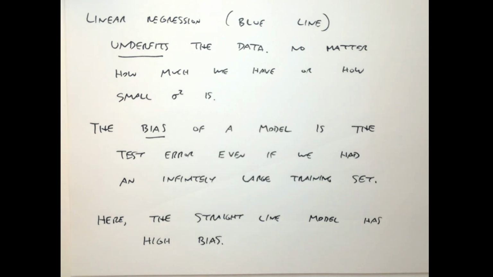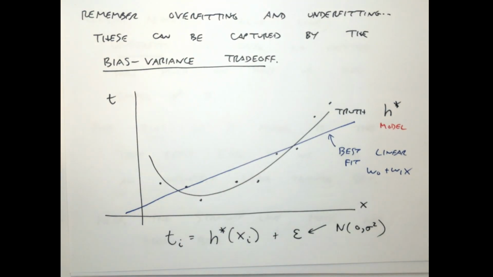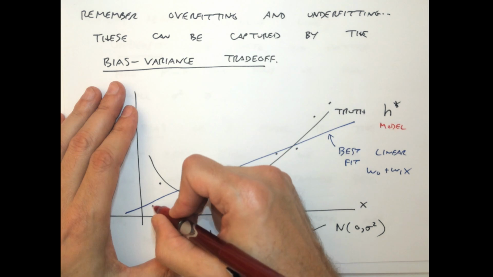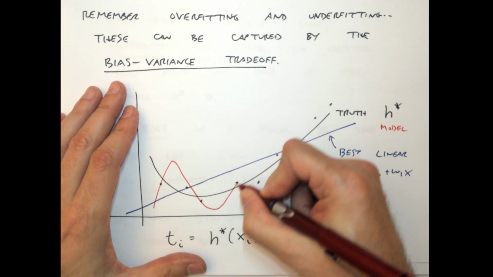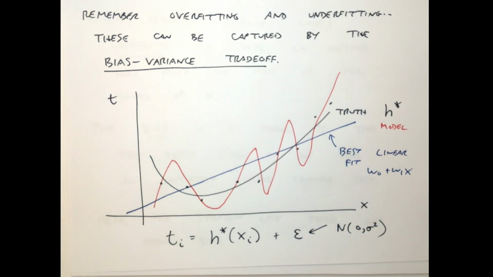Okay. Now let's try to fit a higher order model. I've got a bunch of points here. Let's suppose I'm fitting an 8th degree polynomial. Let me draw some other kind of fancy curve.